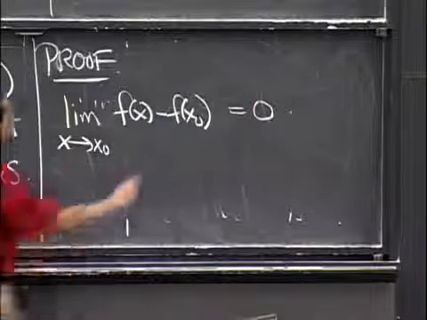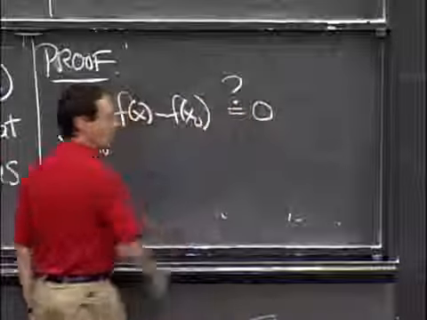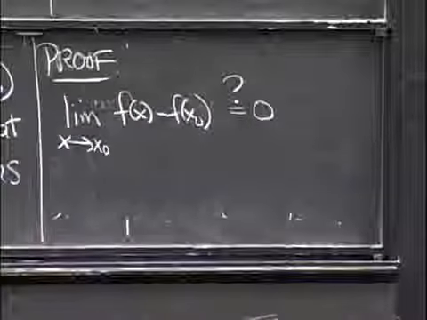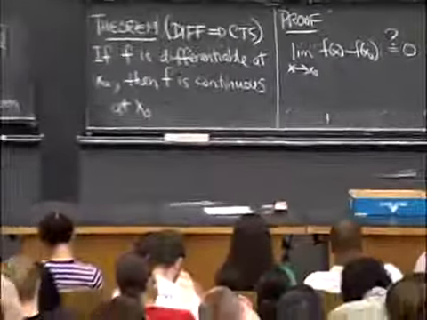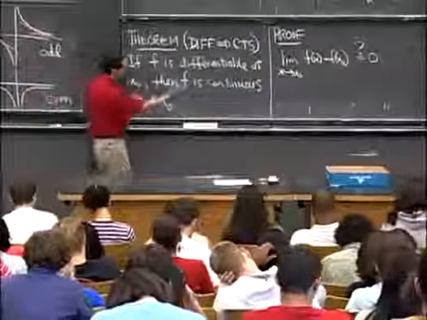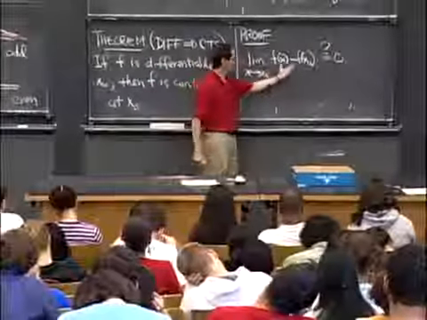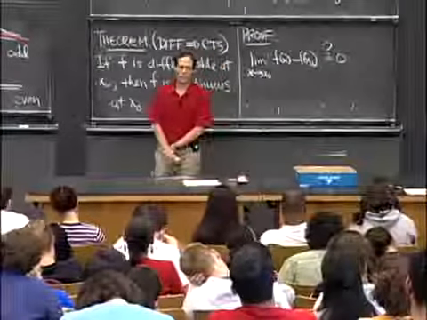So this is what we want to know. We don't know it yet, but we're trying to check whether this is true or not. That's the same as the statement that the function is continuous, because the limit of f of x is supposed to be f of x0. And so this difference should have limit 0.